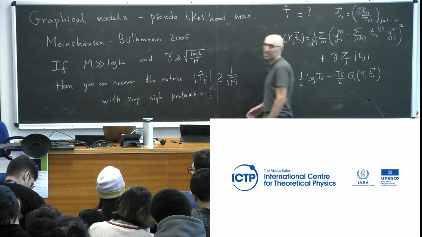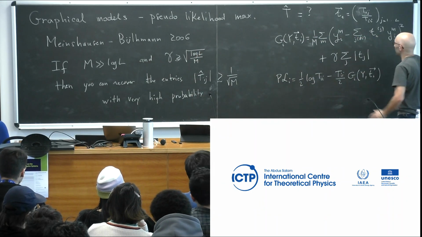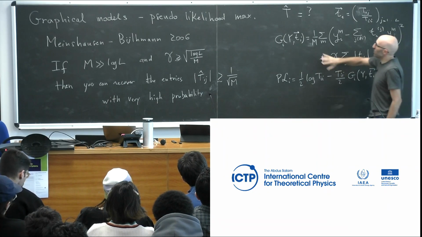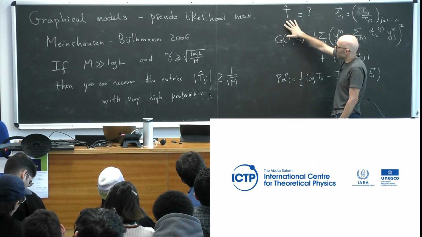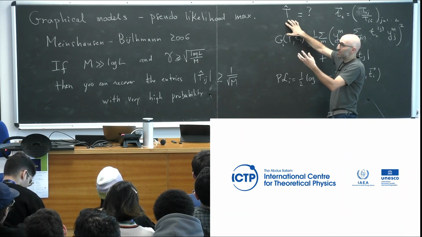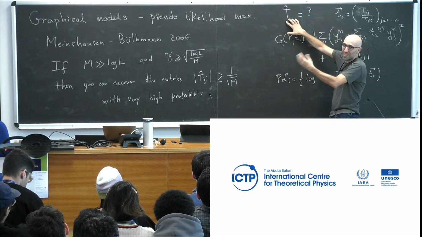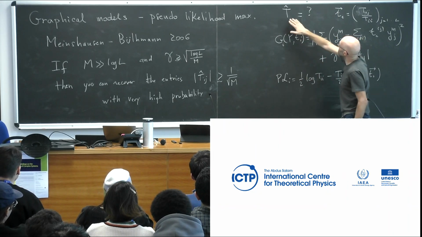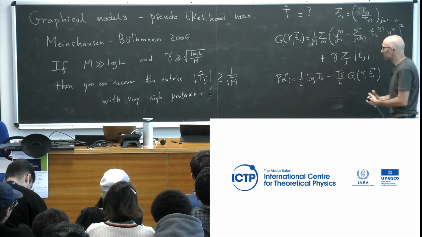Okay, here this is random because you have a true t. Let's assume that this true t has some big entries that correspond to strong interactions and the rest are either 0 or very small. Now from this true t you generate data.